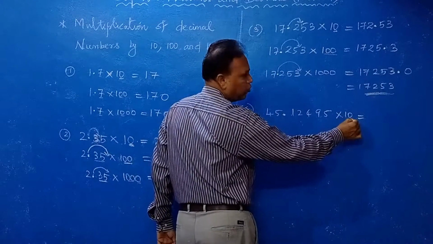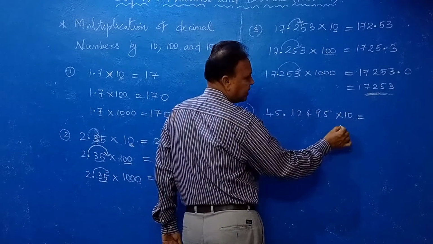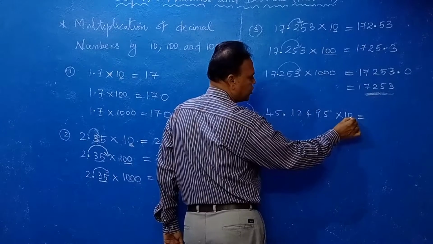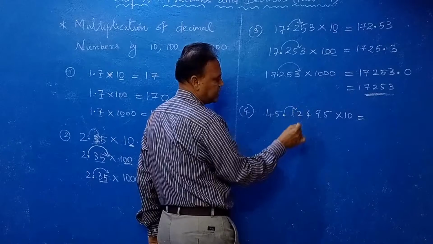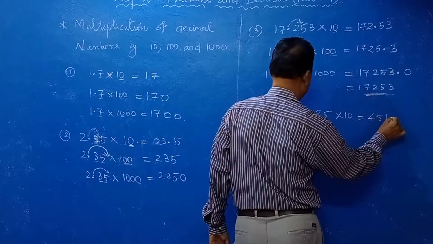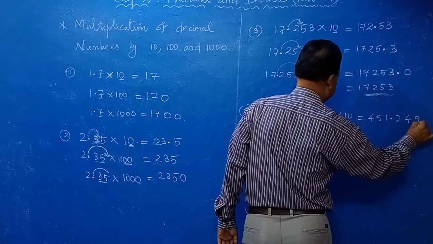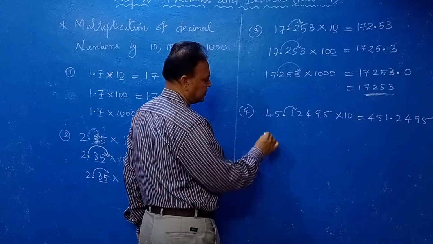Now you see, into 10, this number multiplied by 10 is very easy. Here 10 means you have to move this decimal point right by one digit. That means 451.2495. Clear?